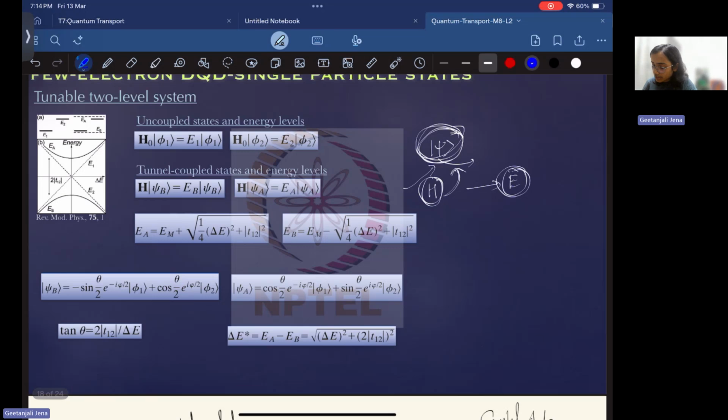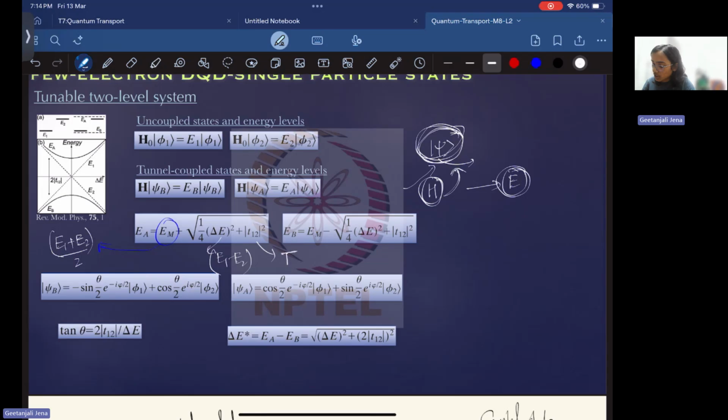So EA is related to EM. EM is nothing but the average value, E1 plus E2 divided by 2. Delta E is E1 minus E2. And T12 is the coupling matrix element. Because of the coupling between two quantum dots, we have T12.